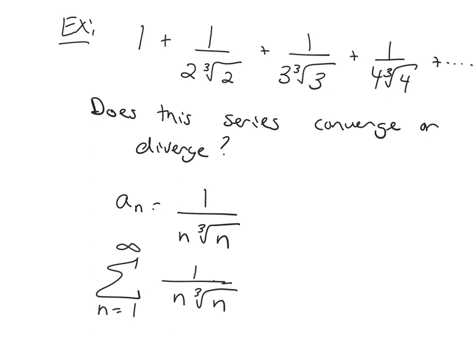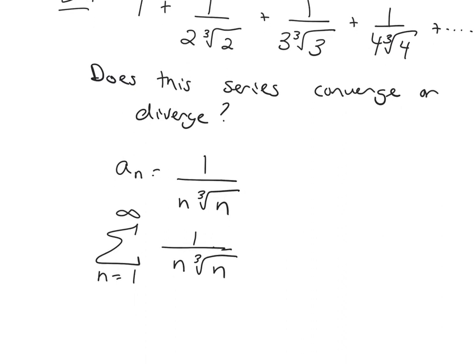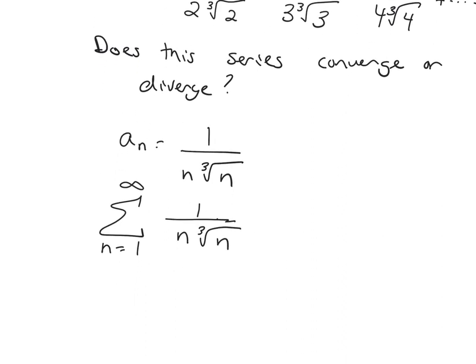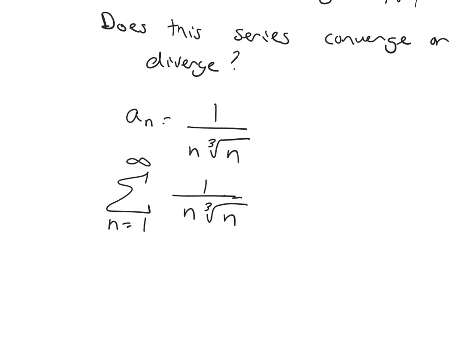So think about this real quick. What could I do? We can try the divergence test. Okay, let's do that. So take the limit of 1 over n cube root of n.